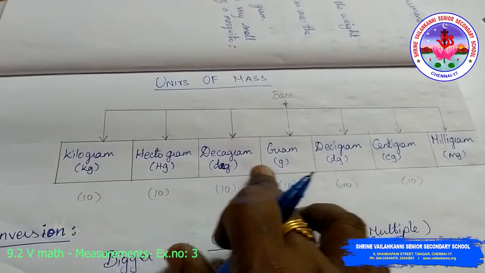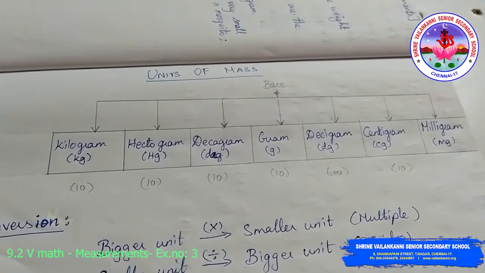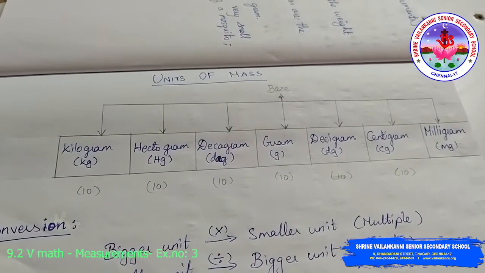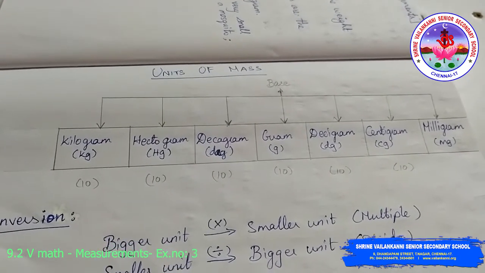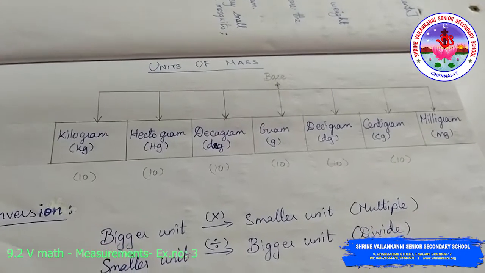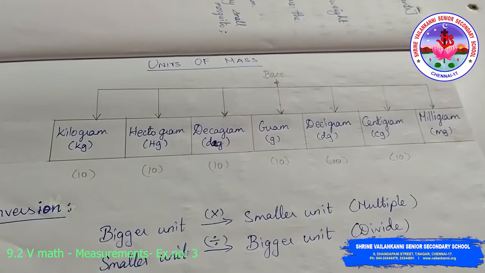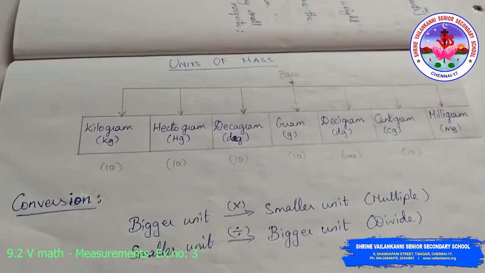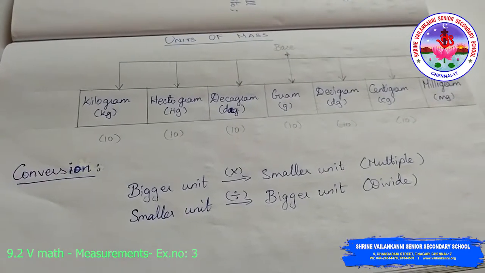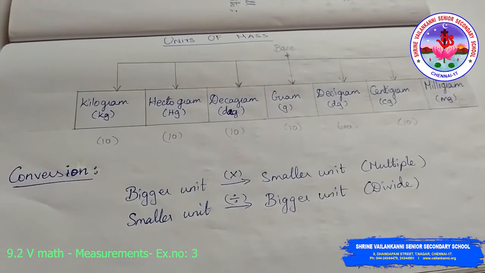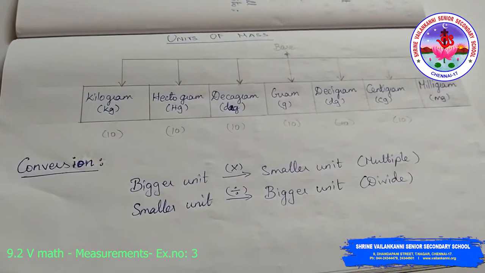The short forms of these units are written below, and as I said in the previous video for units of length, here also each unit of mass is 10 times greater than the unit towards its right. When converting a bigger unit to a smaller unit, you will use multiplication, and when you convert a smaller unit to a bigger unit, you will use division.